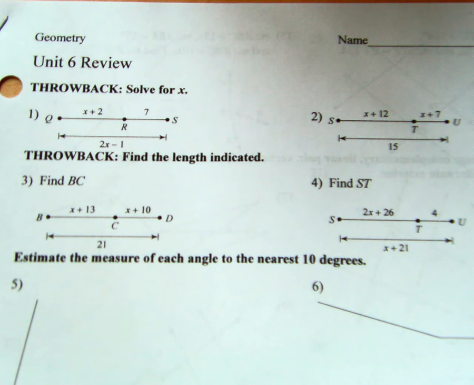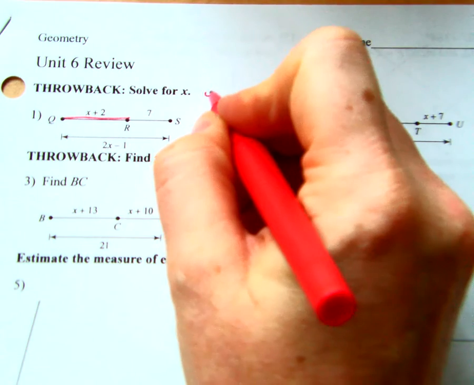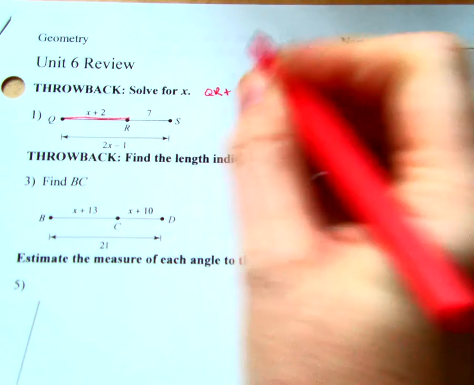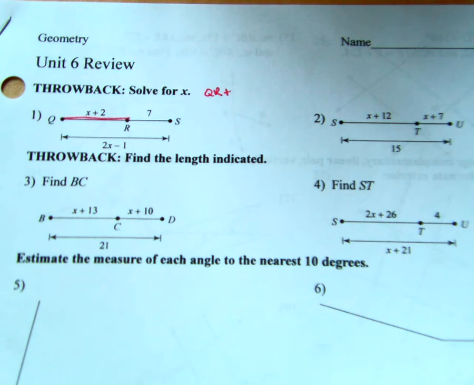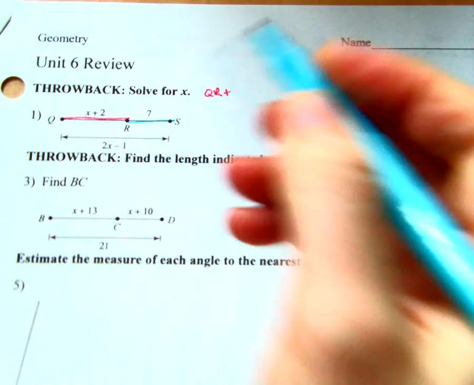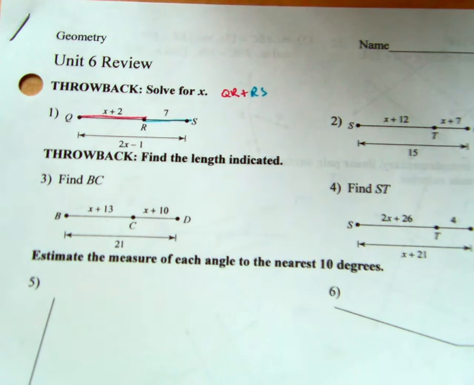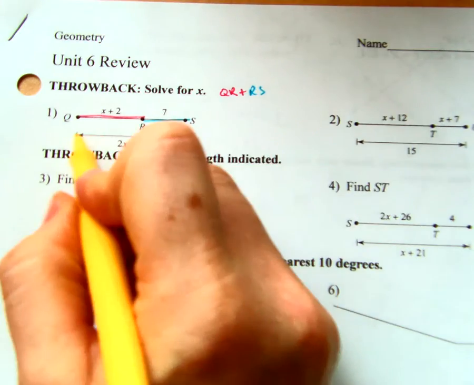And so when we look at segment addition, we should sort of really quickly see that QR plus RS is equal to QS.